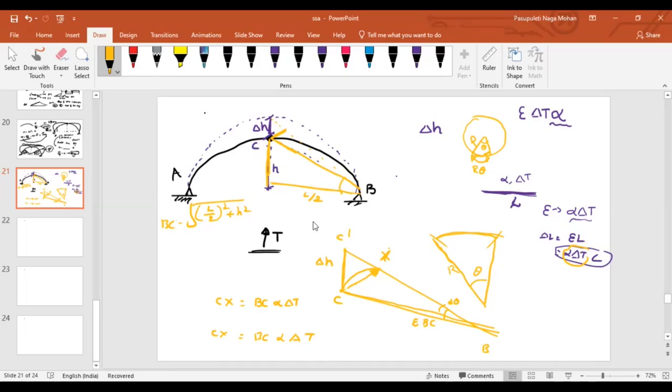If this is angle theta, and this is perpendicular, what about this angle? This angle can be theta.